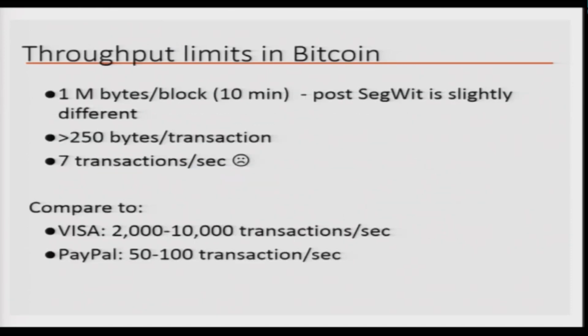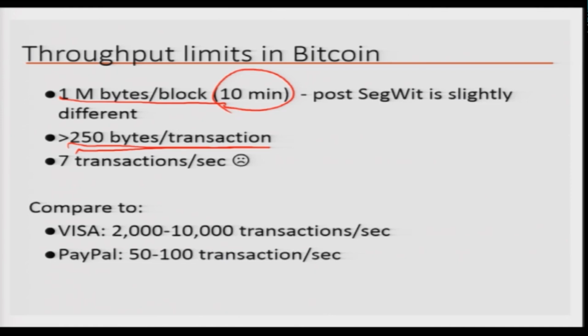There is a throughput limit, because if you have only 1 megabyte per block, and on average each transaction is about 250 bytes, then you can have only so many, I think about 40,000 or so transactions, confirmed in 10 minutes, because until the block is mined, you have not seen it into permanence.